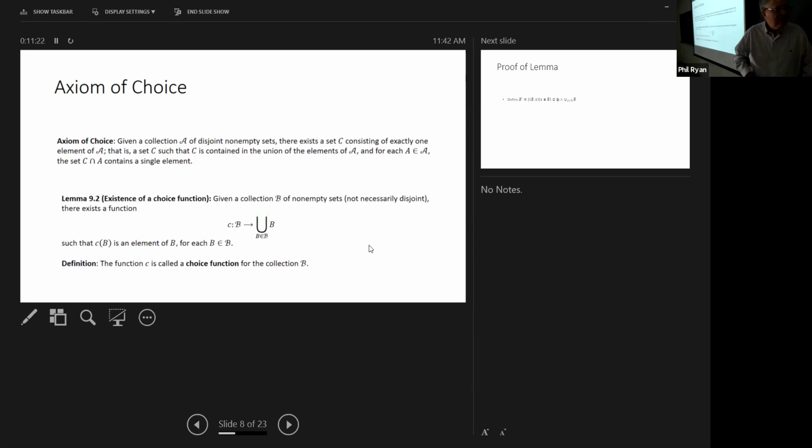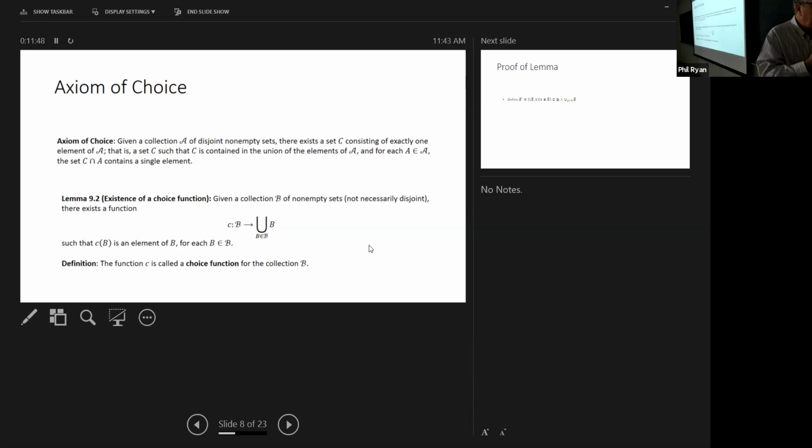And so this won't help. This is not exactly applicable to the proof that we want to make, because we haven't got a collection of disjoint non-empty sets. So this lemma here, which follows from the axiom of choice, is the existence of a choice function.